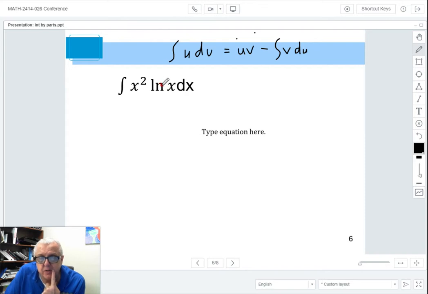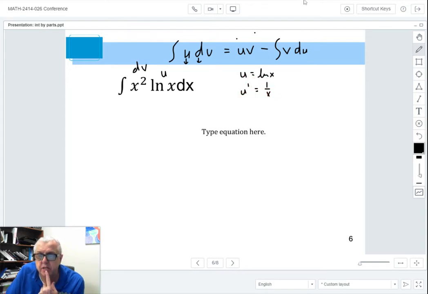I think it would be harder to integrate ln x. The derivative of ln x is really easy. So I'm calling this dv, and I'm calling this u. One has to be called u, and one has to be called dv. So my u is ln x, and the derivative of u is 1 over x.